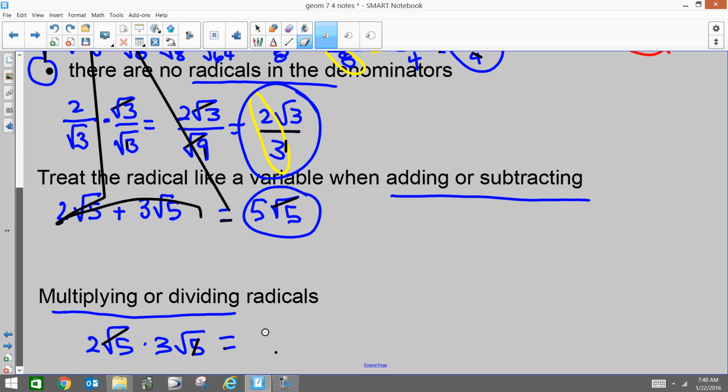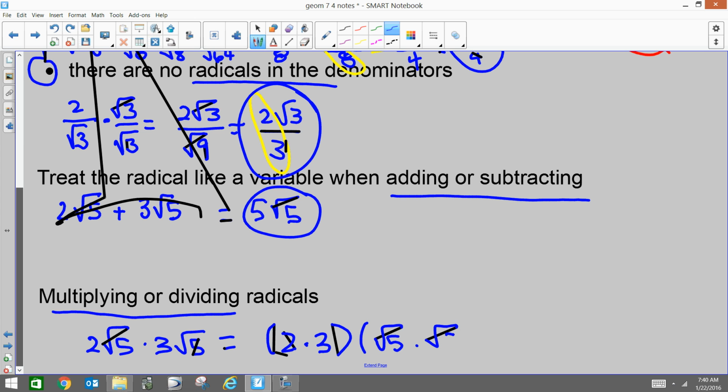I'm basically grouping 2 times 3 and radical 5 times radical 5. 6 radical 25. Radical 25 is 5, so 6 times 5 is 30.